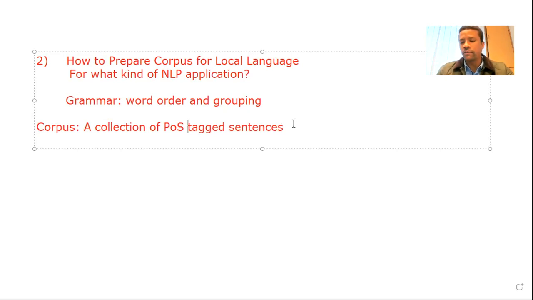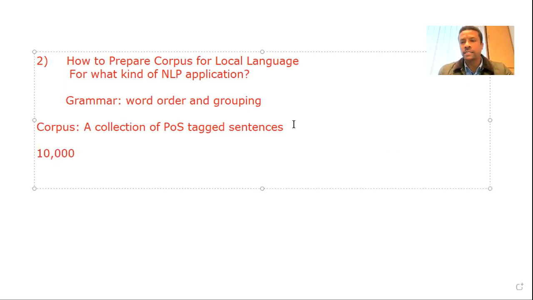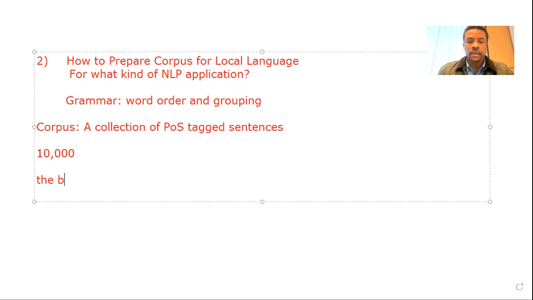So maybe you can develop, let's say, 10,000 sentences, and each of these sentences should be tagged with a part of speech. Now, if you tag a sentence with a part of speech like this one, for instance, we say the boy likes the girl. Okay, if you have this sentence, the part of speech tag would be like this.